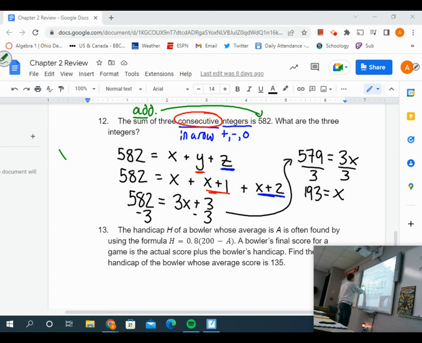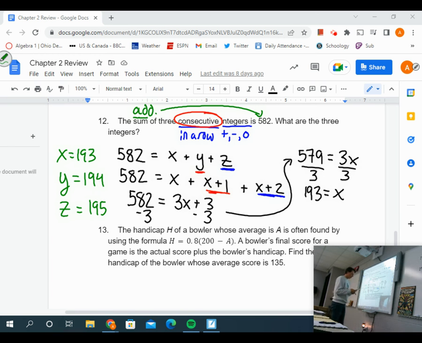We now just know that x is 193. We also need to know, remember, we labeled the second integer y and the third one z. But this is fairly simple because we said x was the smallest, followed by y, followed by z. So just like if x was 3, then y would have to be 4 and z would be 5. We know that y has to be 194 and z has to be 195.